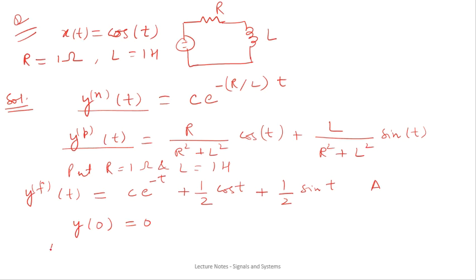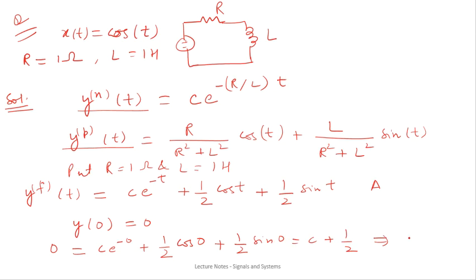So you can just use this initial condition that the output at t equals 0 is 0. So C e raised to the power minus 0 plus half cos 0 plus half sin 0. This will come as C plus half.